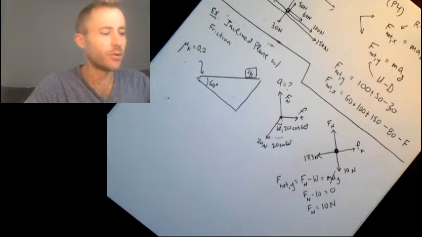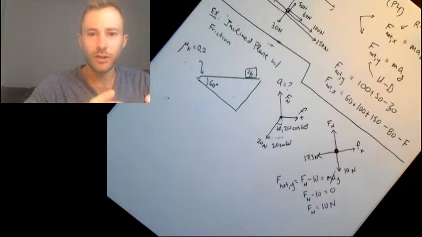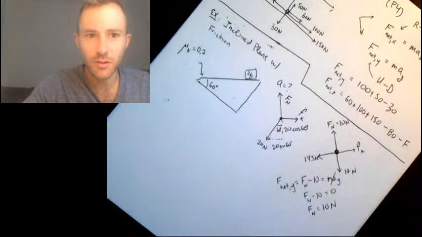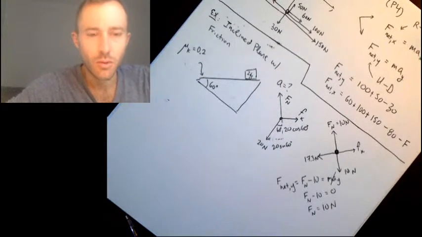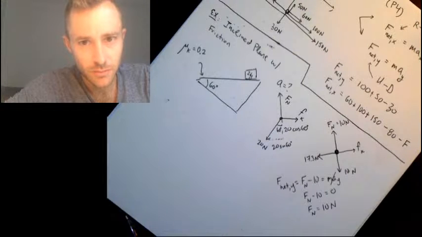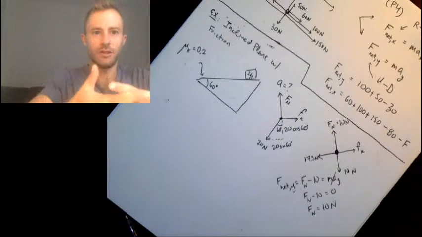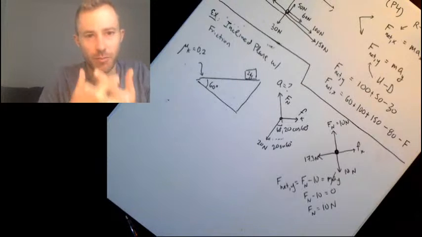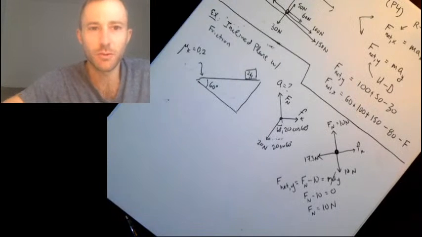Now, if the normal force is 10 newtons, what does knowing it allow you to calculate? Someone type this into the live chat if you know the answer, and I will wait. What does knowing the normal force allow you to calculate? It lets you calculate an additional unknown. So which force depends on what the value of the normal force is?